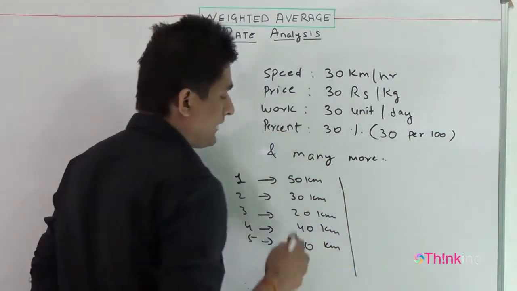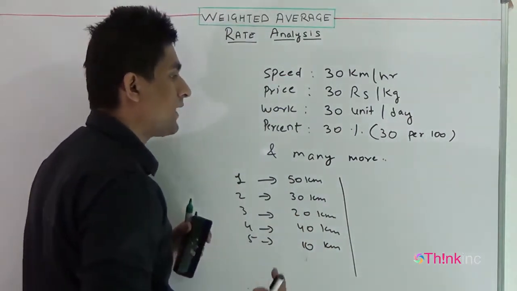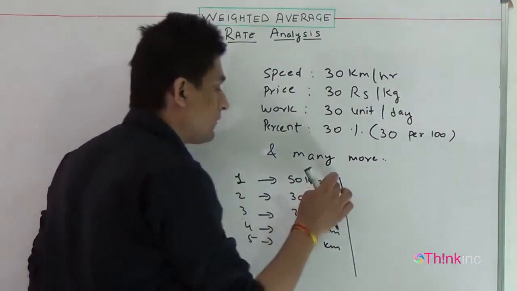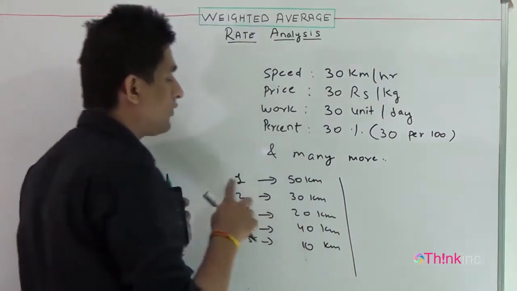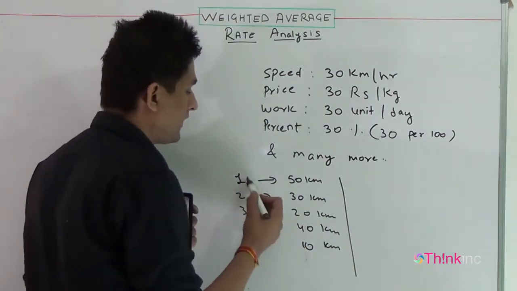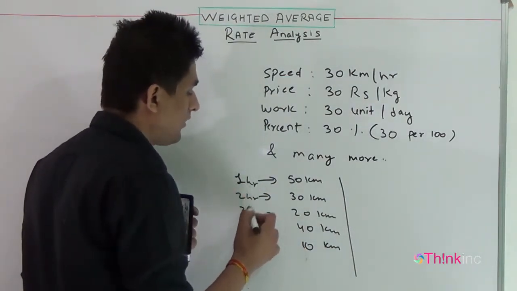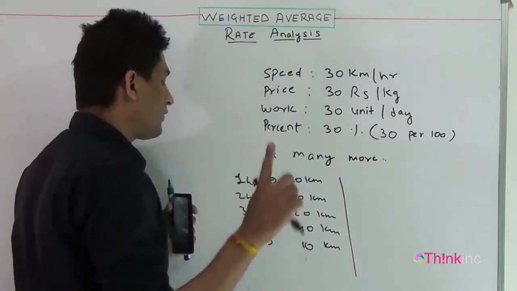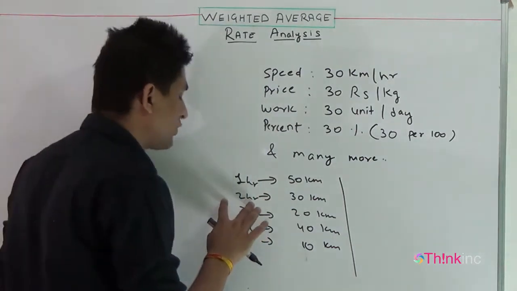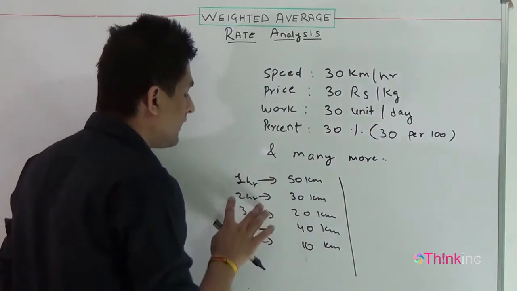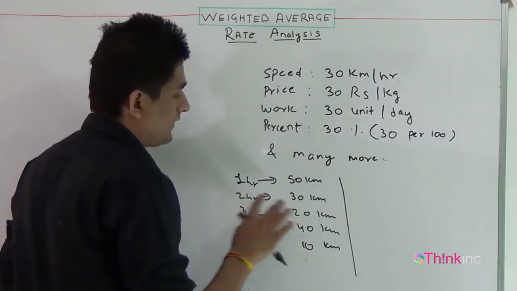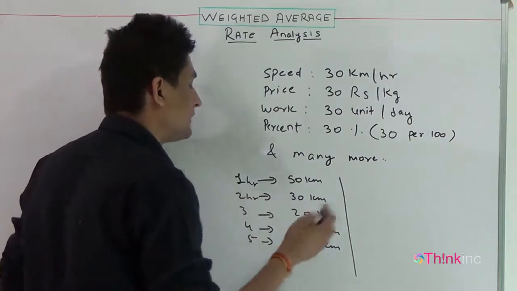In order to find the average distance traveled by the bus in an hour, I'll add up all the observations and then divide by the total number of observations. Here, in first hour, in second hour, the absolute value is 1 hour only. The bus has traveled for only 1 hour each time, so don't think of it as 2 hours.